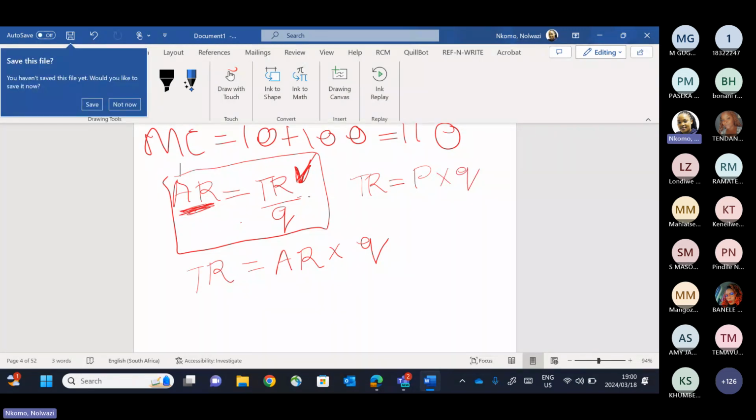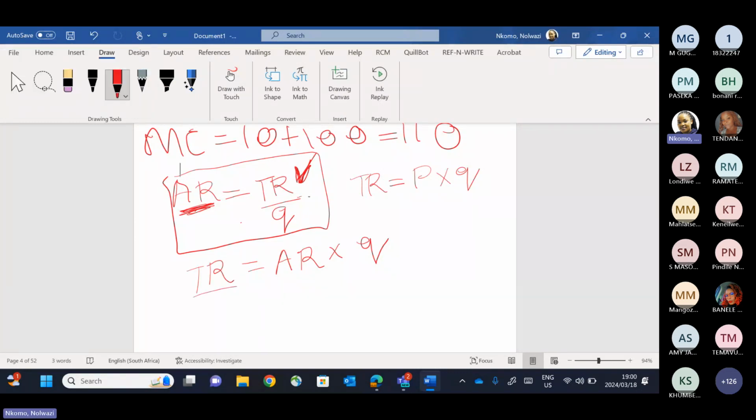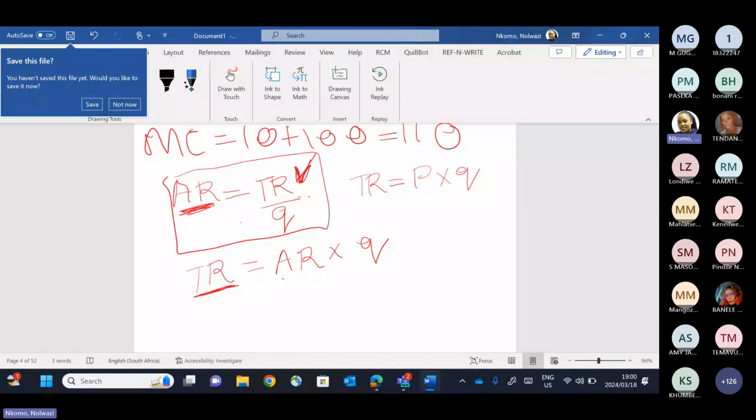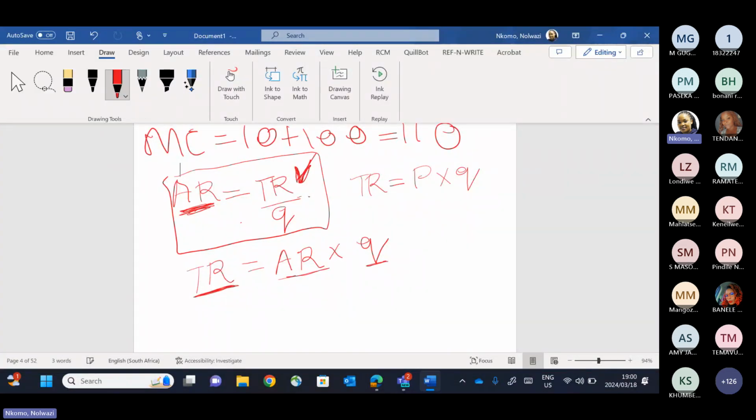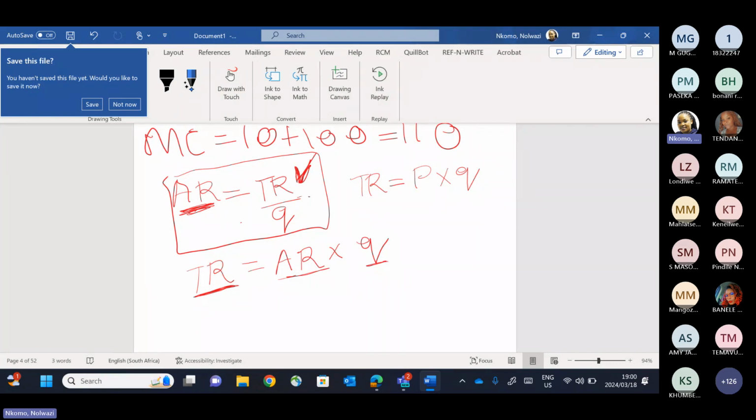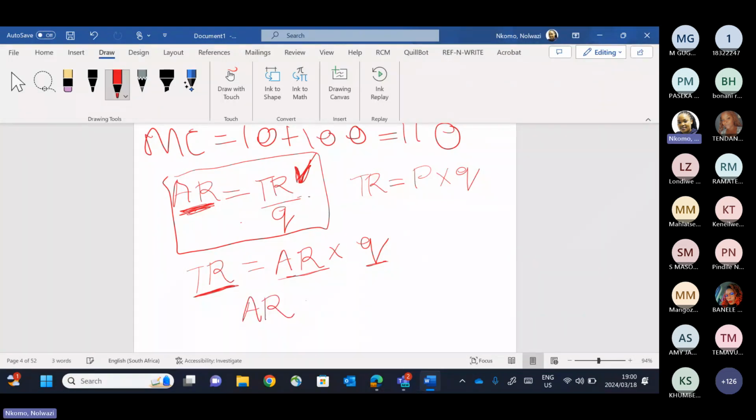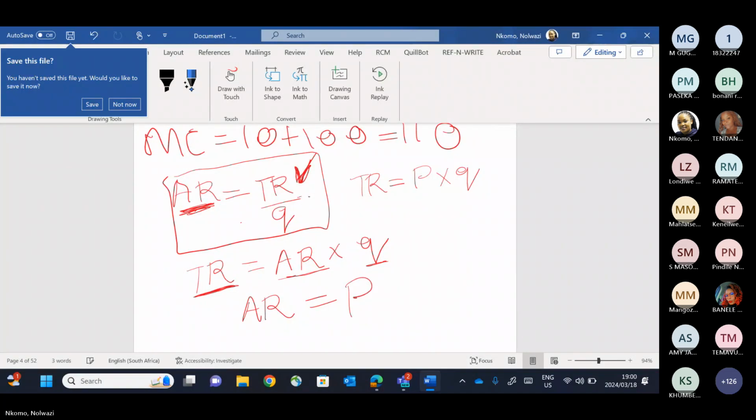And now I'm saying the total revenue can be found by multiplying the average revenue with the quantity. So this means the average revenue is equal to the demand function, meaning the average revenue equals the price given by the demand function. Does this make sense?